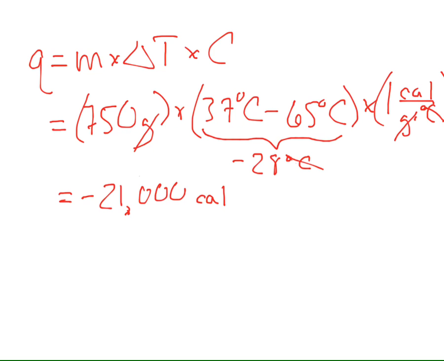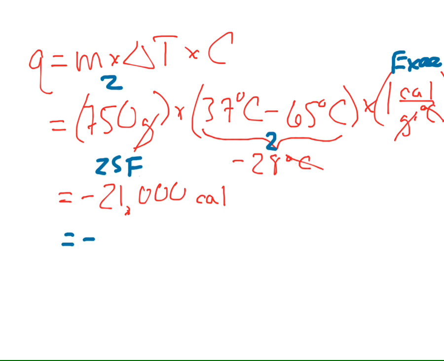Let's check our sig figs real quick. How many sig figs are in 750? 2. How many are in negative 28? 2. How many are in a calorie? That's exact. That's been defined to be true. A calorie has been defined for water. So the answer should have how many?